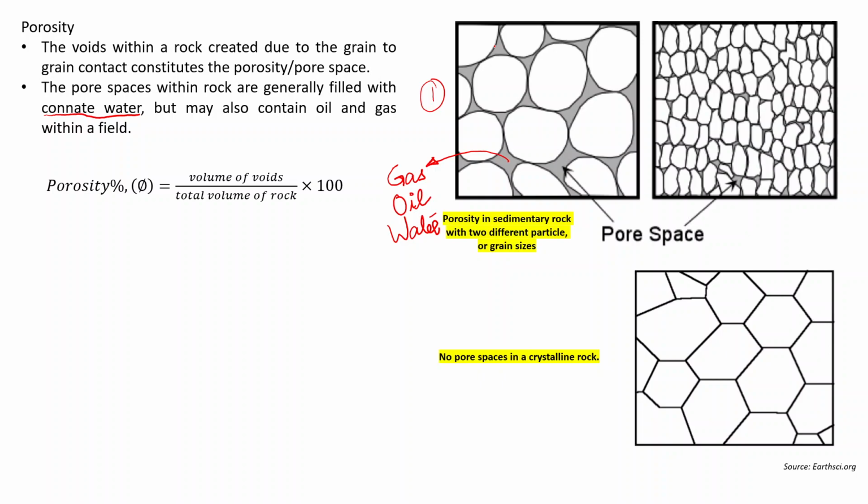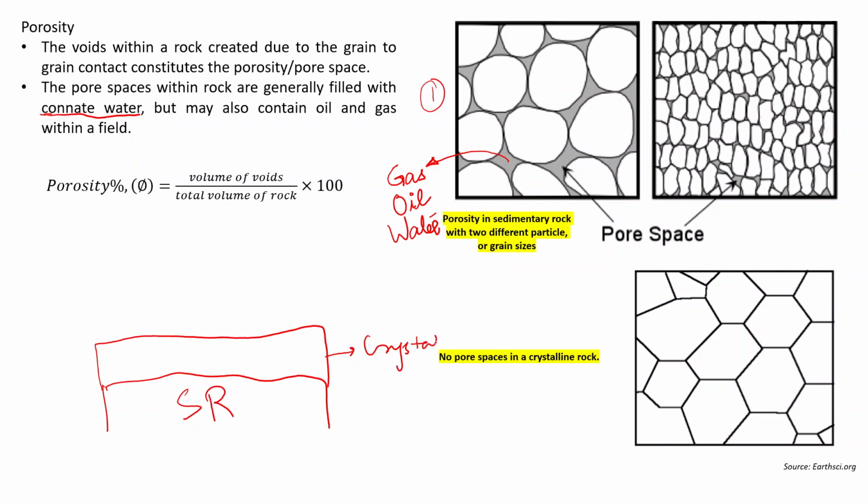Now porosity is important for the reservoir rock, because imagine that if this is the source rock and it is overlain by a crystalline rock, where there are no pore spaces, then oil will not be able to migrate into it.